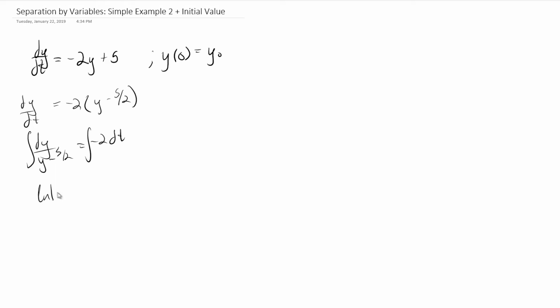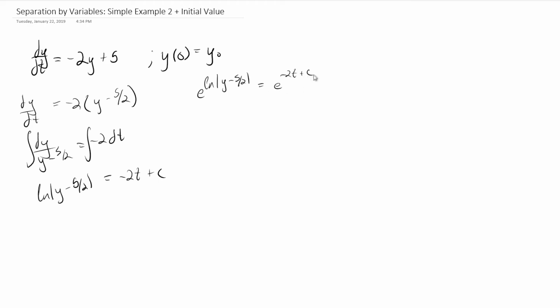Get ln of (y minus 5/2) is equal to -2t plus c. And then I'm just going to keep chugging through this until we get to a point where we can work with A. So y is equal to A e to the -2t plus 5/2.